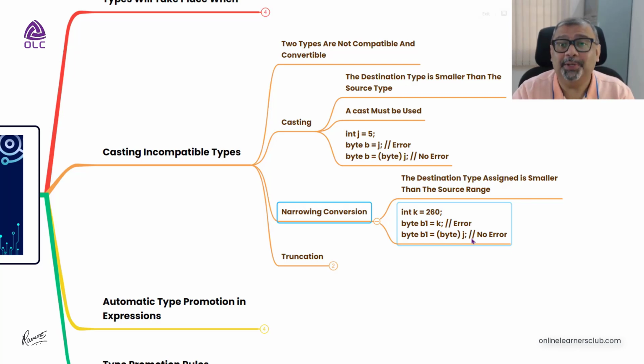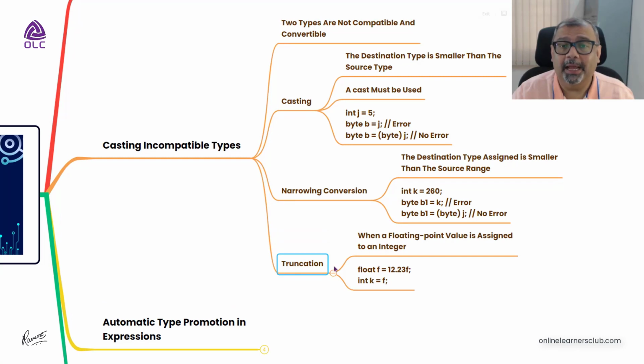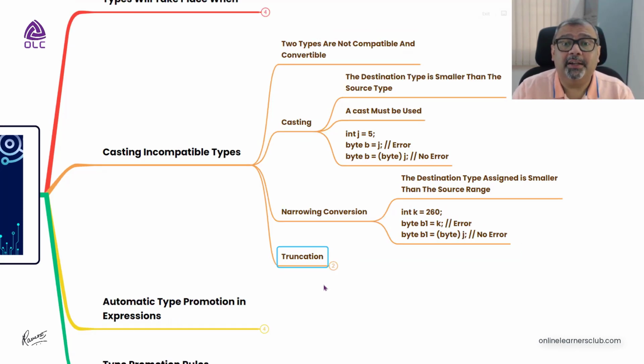So we'll see that in the next chapter, how the hands-on works and what output you can expect when you do this. Then we have the second option, where truncation can happen. When you assign a floating point value to an integer, that is truncation.